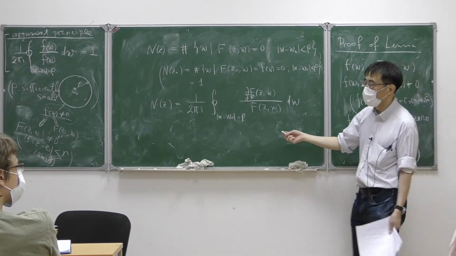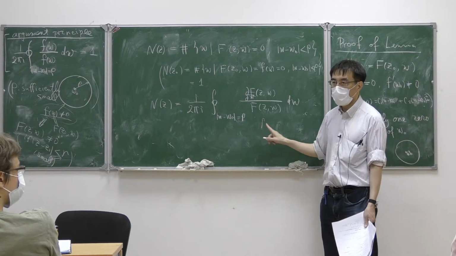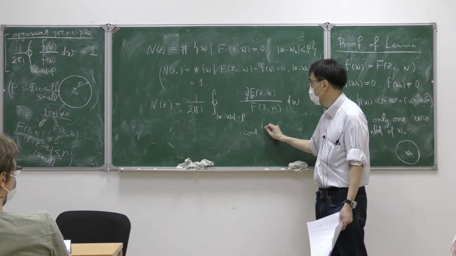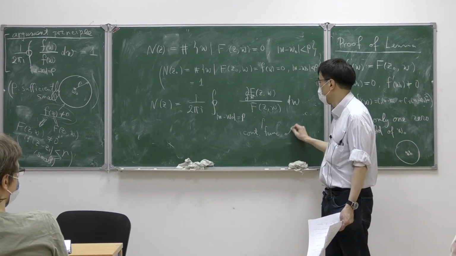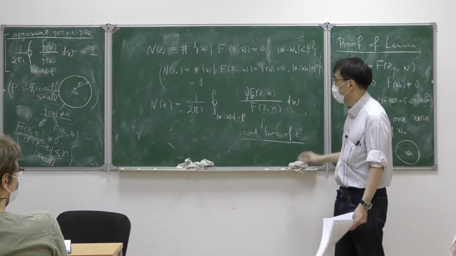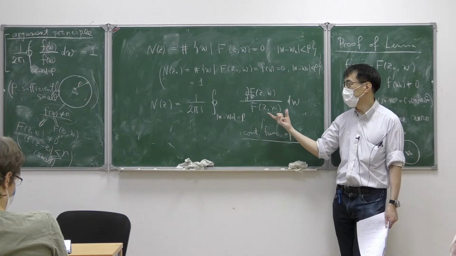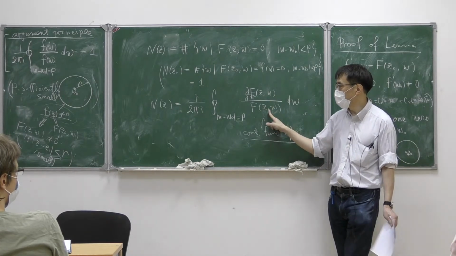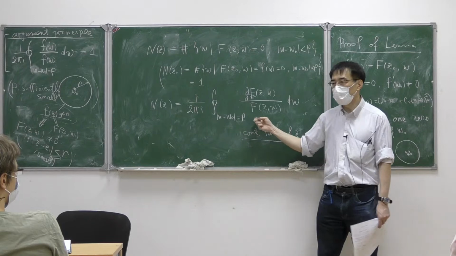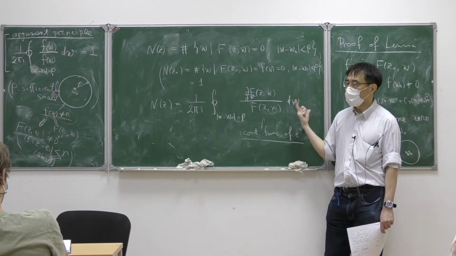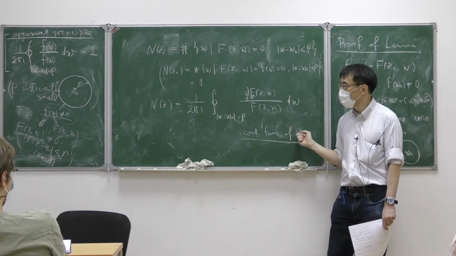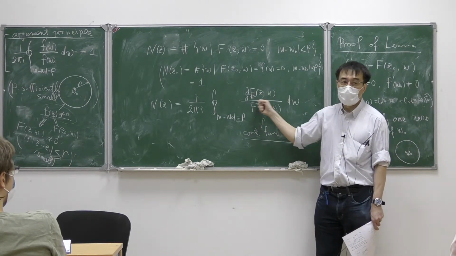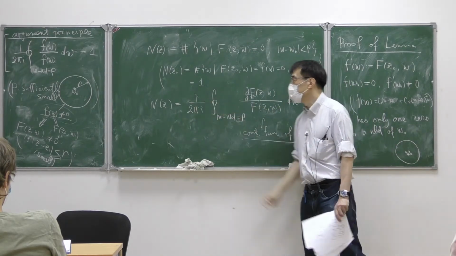And this is a continuous function. Well, exactly speaking, this is a continuous function of z and w, and we are integrating this on a compact set, so this becomes a continuous function of this parameter.